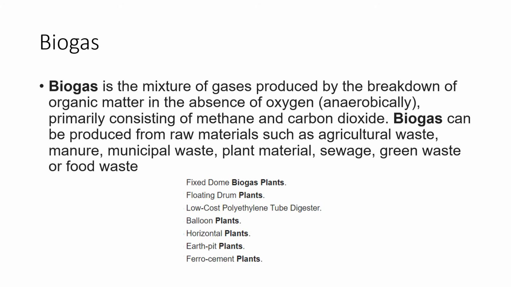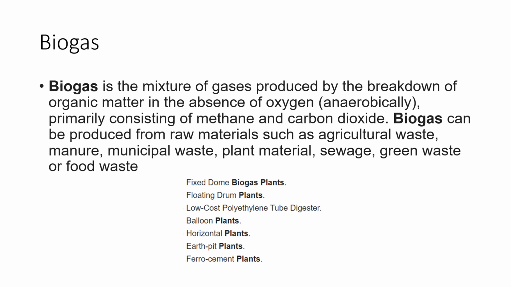Biogas is a mixture of gases produced by the breakdown of organic matter in the absence of oxygen, which is called an anaerobic process. The biogas primarily consists of methane and carbon dioxide. Biogas can be produced from raw materials such as agricultural waste, manure, municipal waste, plant material, sewage, green waste or food waste, etc. There are different types of biogas plants.